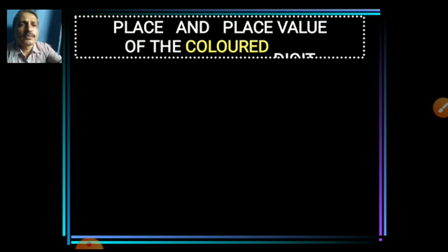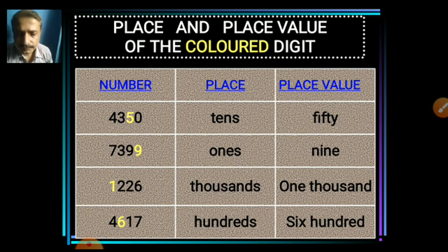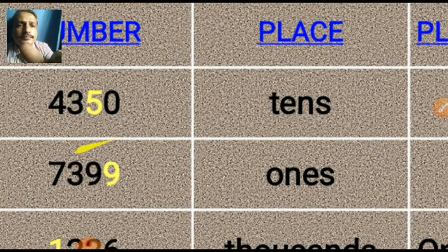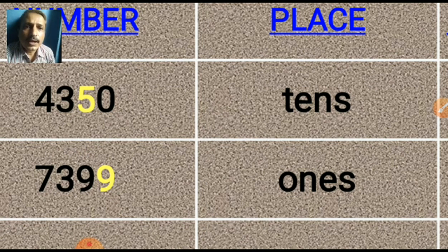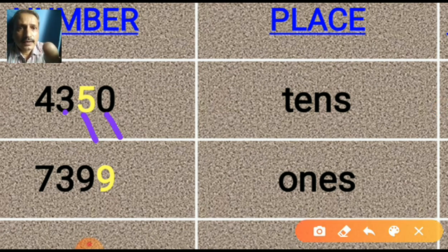See, place and place value of the colored digit. 4350. How many digits are there? 4. We know ones, tens, 100 and 1000.